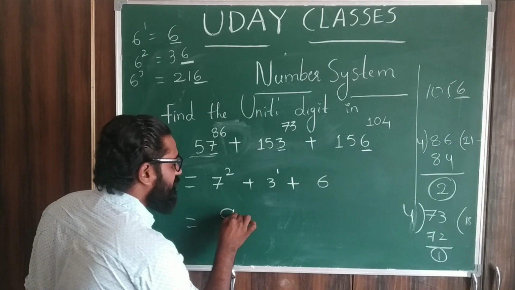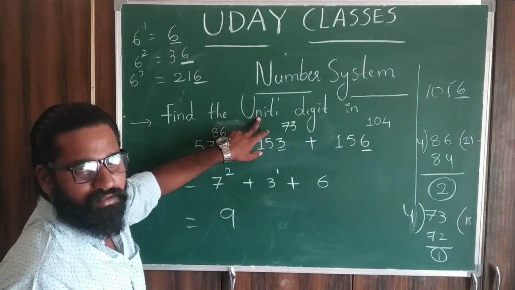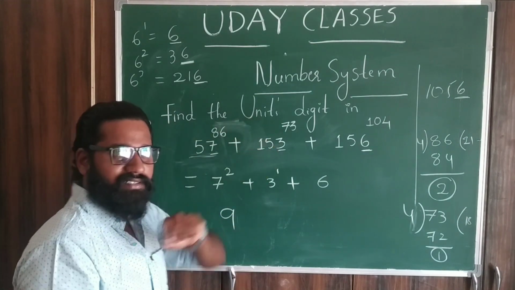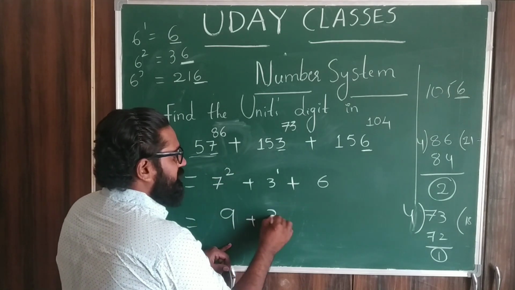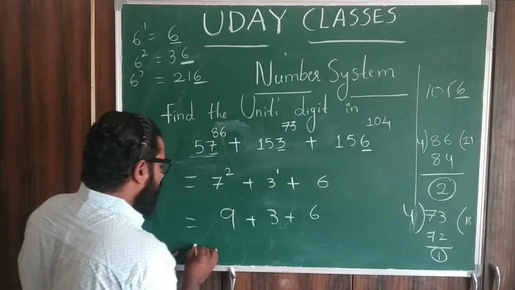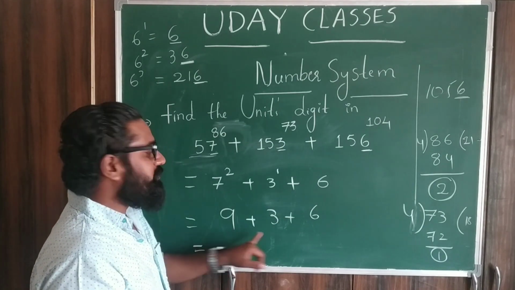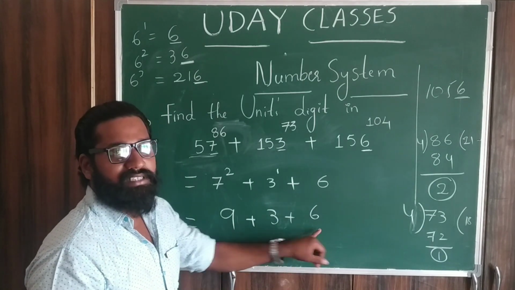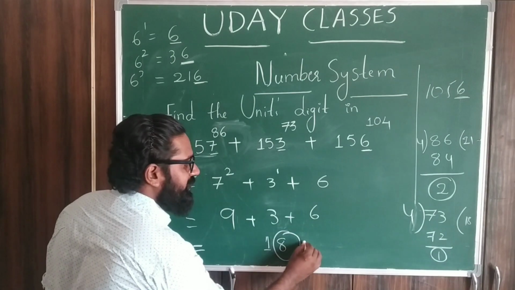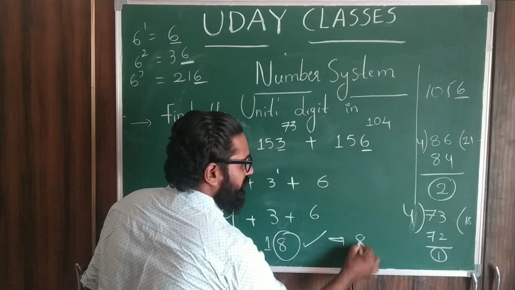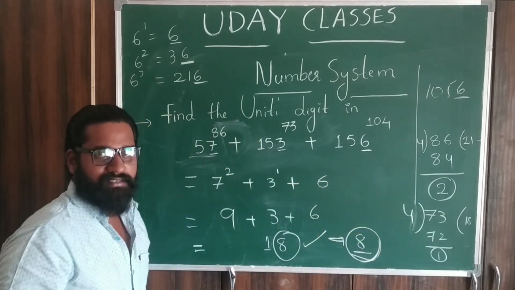Just you can write last digits, because asking only units digit. No need to write entire number. So unit digit is 9 plus 3 power 1 is 3 plus 6. Just you can add all these numbers. 9 plus 3, 12. 12 plus 6, that is 18. So 18 means what is the last digit here? 8. This becomes our required answer.